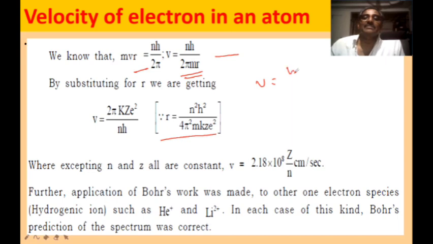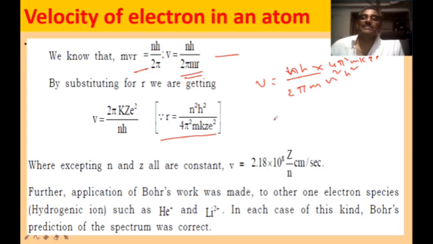v is equal to nh by 2 pi m into r. What is r? r is equal to n square h square by 4 pi square mkz e square. The 4 pi square goes to the numerator, and mkz e square goes to the numerator.